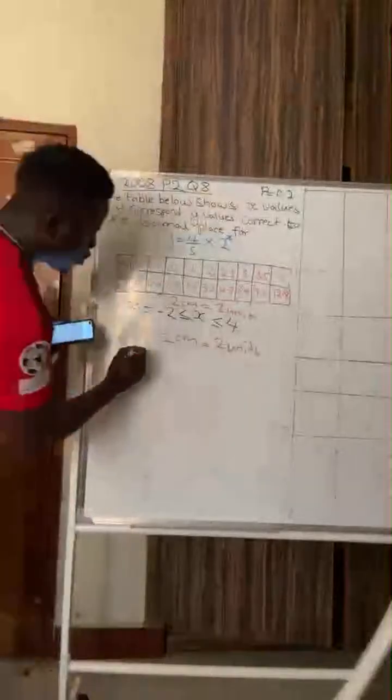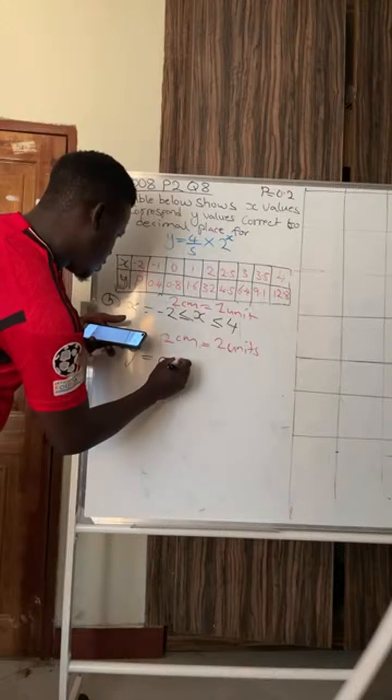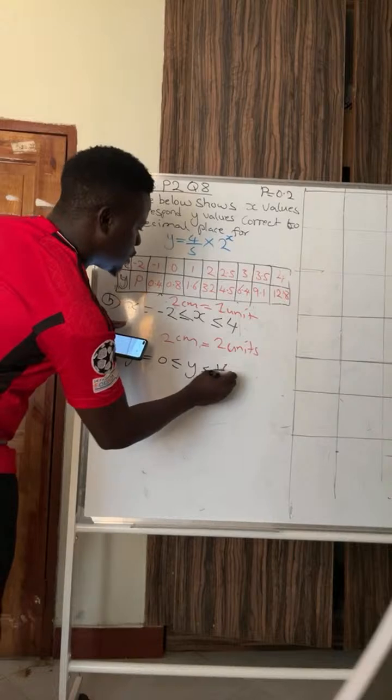So you just have to understand this. For y, it is 0 less than or equal to y less than or equal to 14.